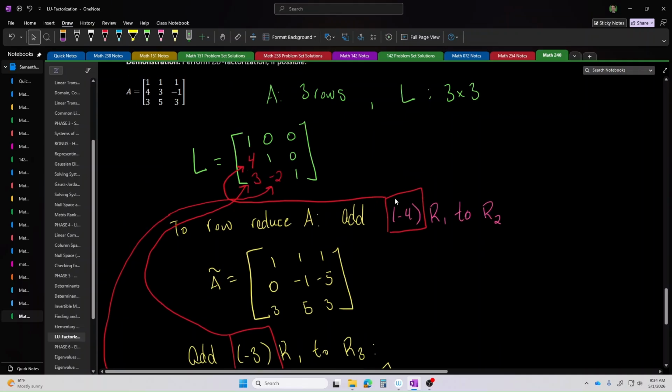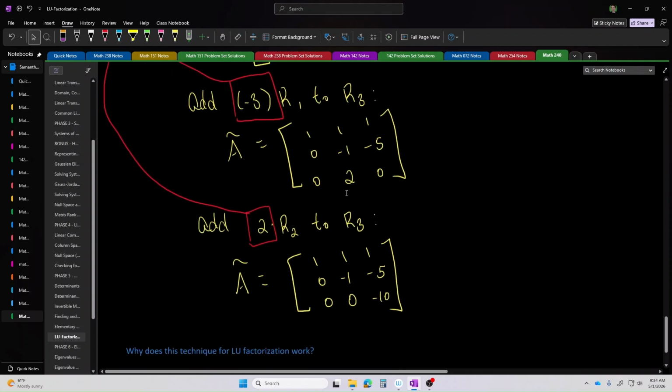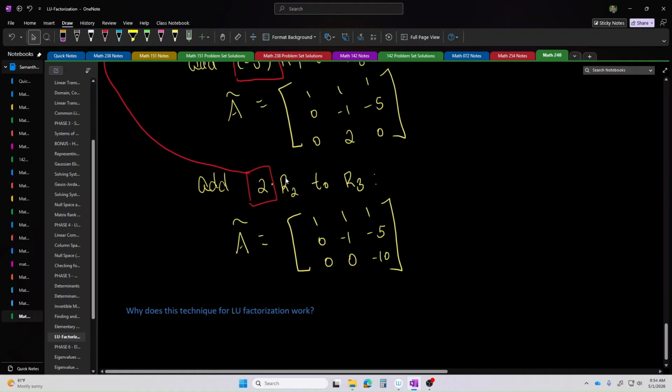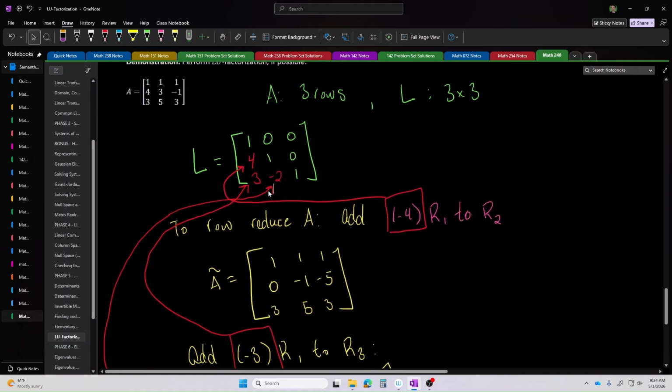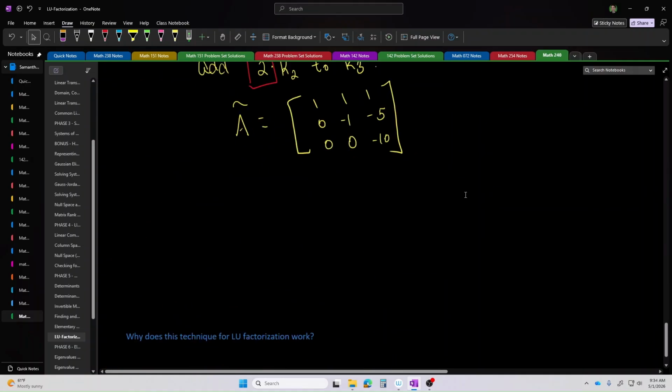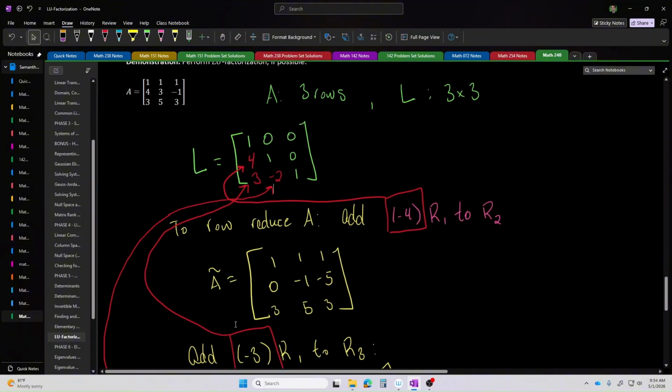Here, having used a scalar multiple of -4, we put in a +4. And here, having used a scalar of 2, we have put in here a -2. So always, whatever scalar you use in the row replacement action, the opposite of that scalar is going to go in the appropriate position in your L matrix.